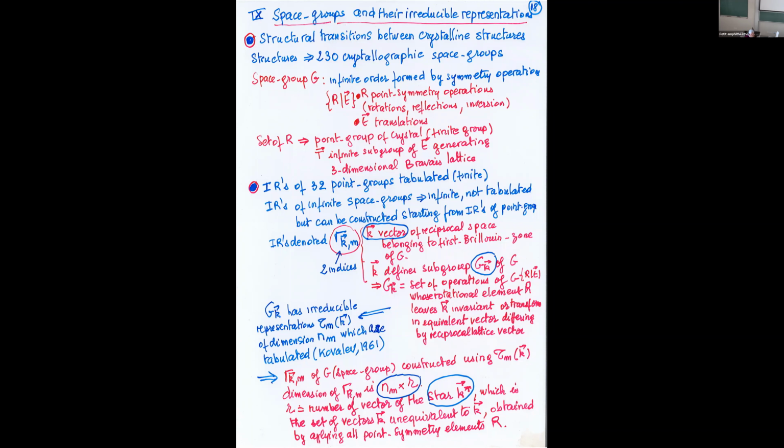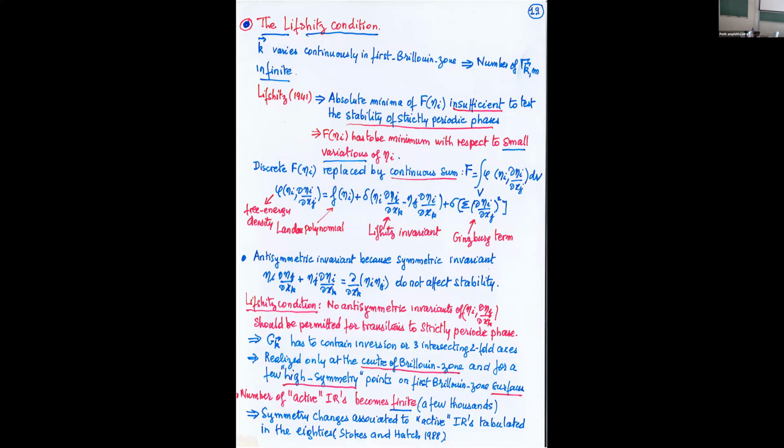Just to tell you that it's not impossible, I constructed around 3,000 irreducible representations for my PhD, using of course the Kovalev table.